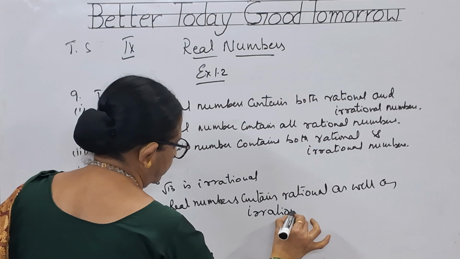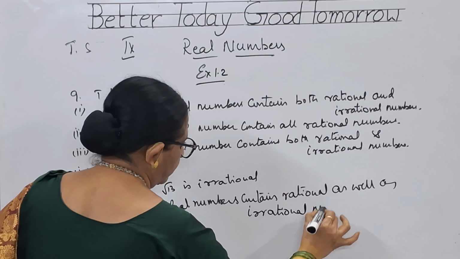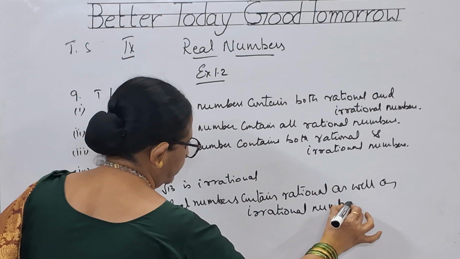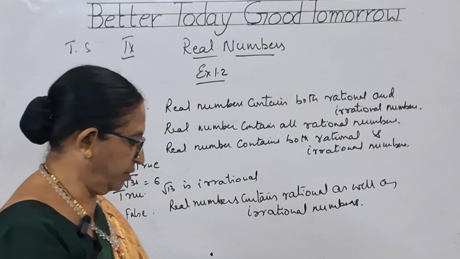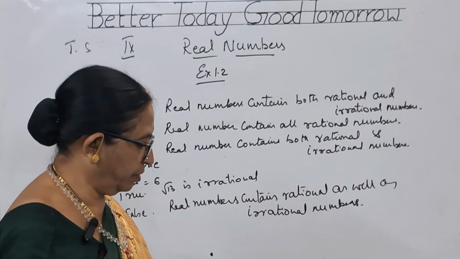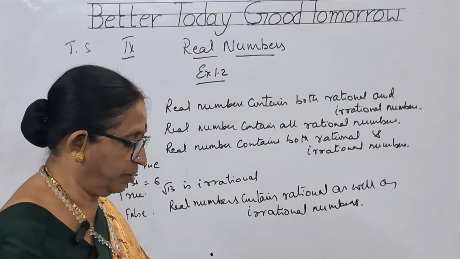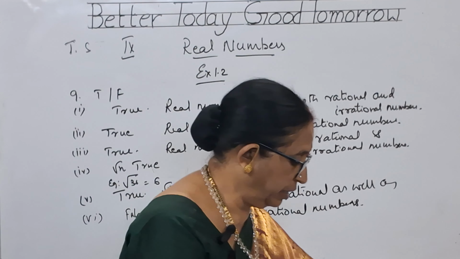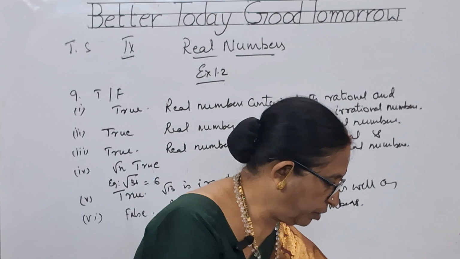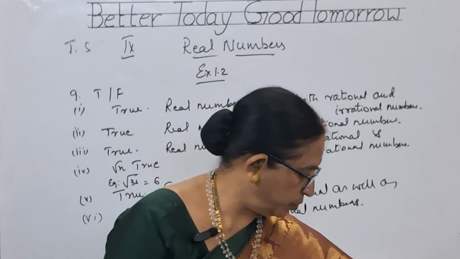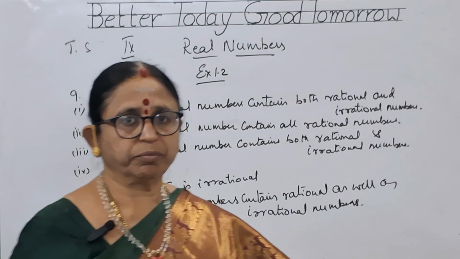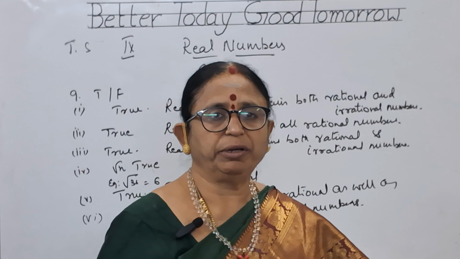So you cannot say that only one system is present in it. Both the systems are present in it. It is not only irrational but real numbers contain rational also. So I am concluding here, children, remaining in the next class.